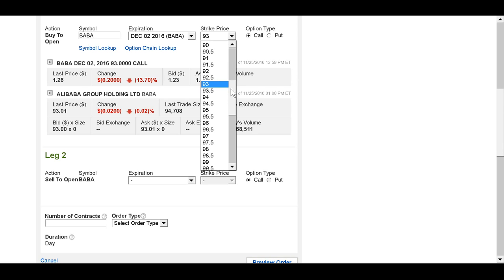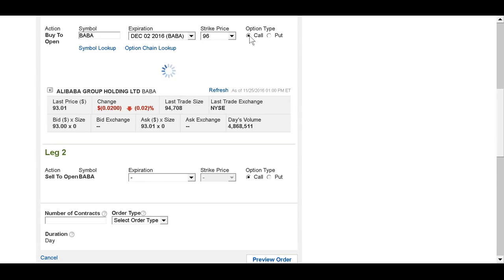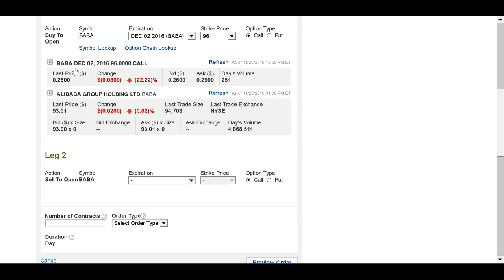Okay, and out of the money call options also have no intrinsic value. Okay, these are the 96 strike call options. They're all extrinsic or time value, because would you buy the right to buy them at 96, and then exercise that and then sell them on the open market for $93 for a $3 per share loss?